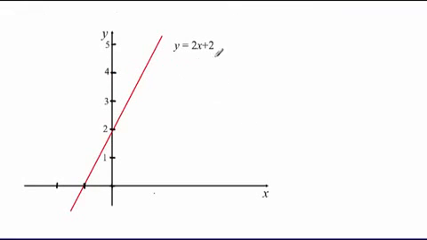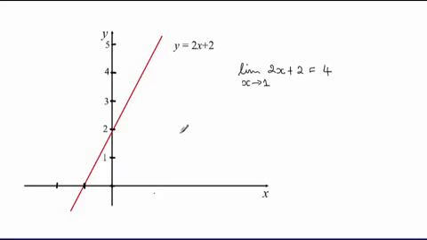So let's start this way. Let's say we've got the line 2x plus 2, and we can clearly see that the limit as x approaches 1 of 2x plus 2 is equal to 4.